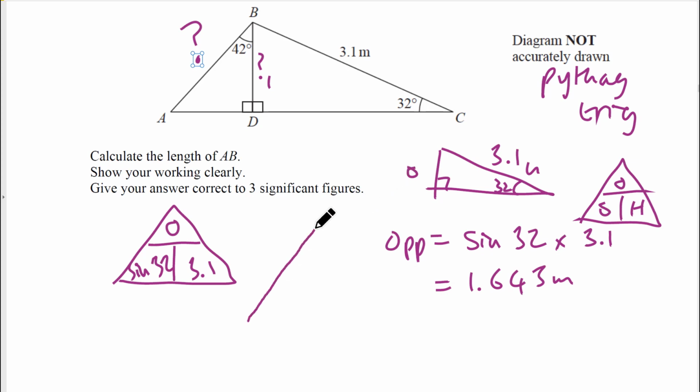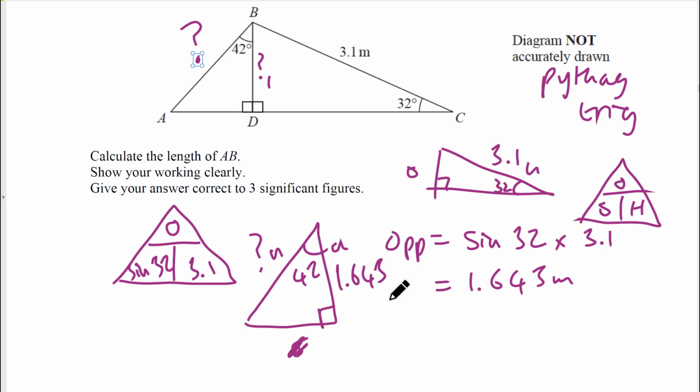So let's just draw another triangle to help us so we don't make a mistake. This should be a banker, that's 42. This is 1.643. We need this question mark. That's the hypotenuse, that's the adjacent, and that's the opposite, but we don't need the opposite, cross it out so we don't get confused.